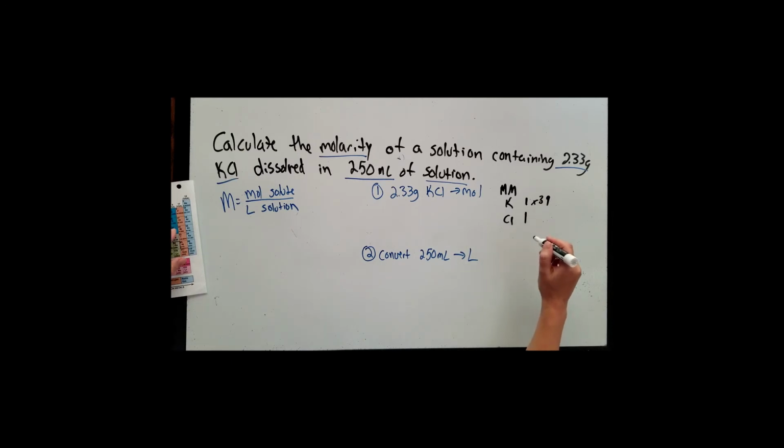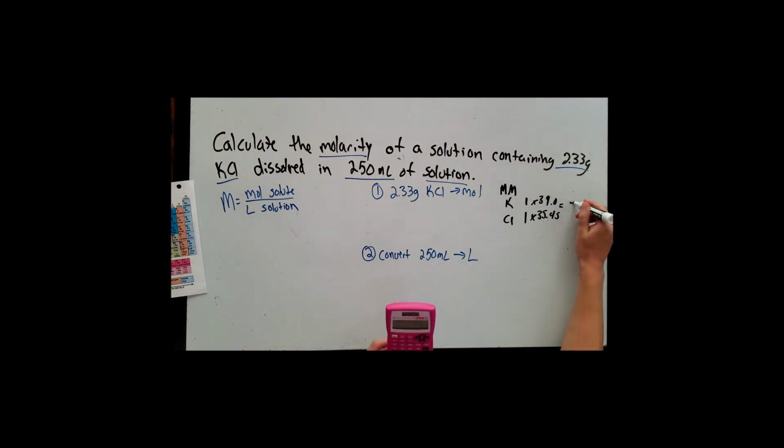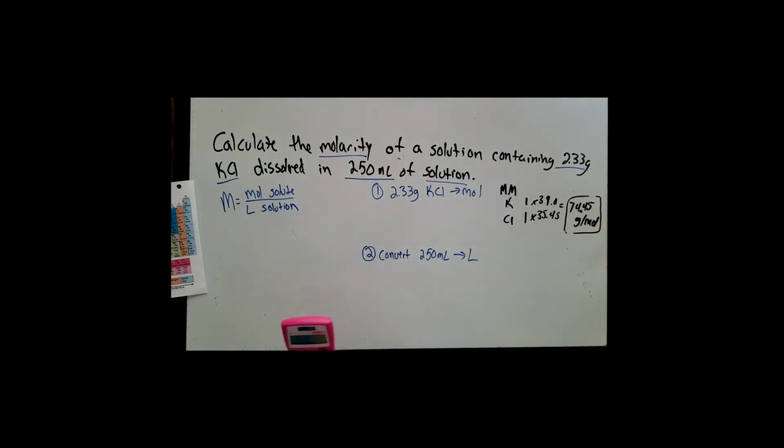Chlorine is 35.45. So my total molar mass, I'm going to add 39 plus 35.45. And I get 74.45, running out of room, grams per mole. So this is my conversion factor that I'm going to use to get to moles. So I'll write CF above it, my conversion factor.